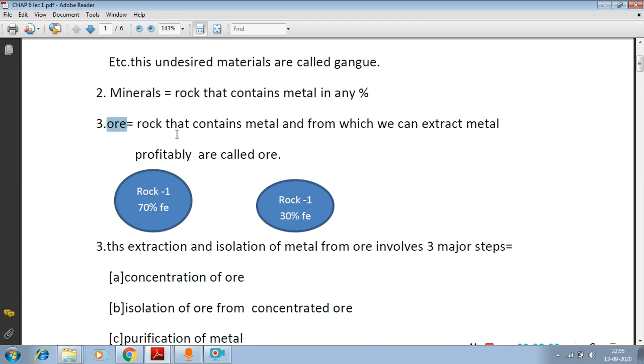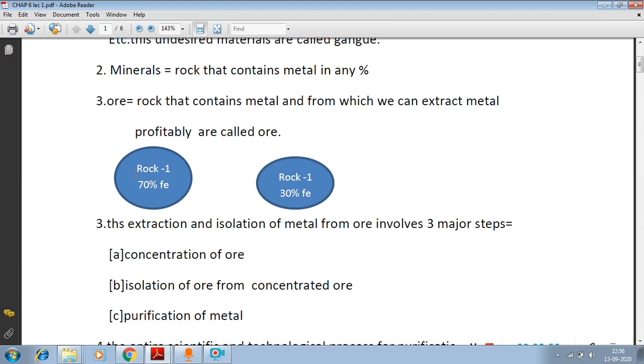But in the case of ore, the definition is different here. A rock that contains metal and from which we can extract metal profitably, that is called ore. Now understand that with an example. Here you can see 2 rocks, rock number 1 and rock number 2. Now the first rock contains 70% of Fe and the second rock contains 30% of Fe.